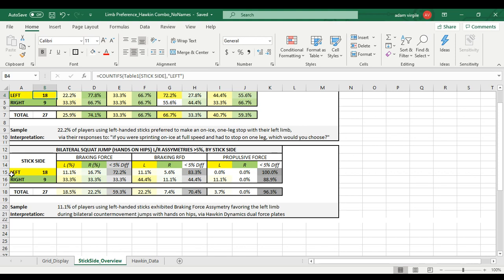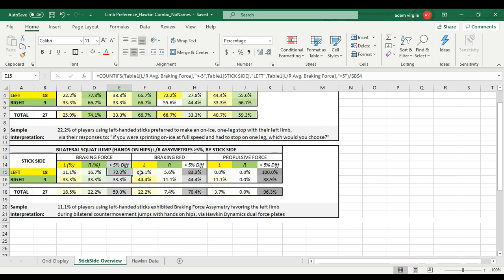Now, in the chart down here, same thing, guys split up by stick side, and this time we're looking at the countermovement jump metrics. For example, here, 18 guys are left-handed, relating to the stick. 11.1% of the left-handed players exhibited braking force asymmetry favoring the left limb, whereas 16.7% exhibited braking force asymmetry favoring the right limb. 72.2% on average throughout the season did not exhibit an average braking force asymmetry.